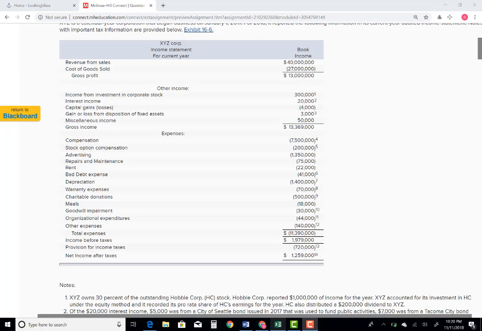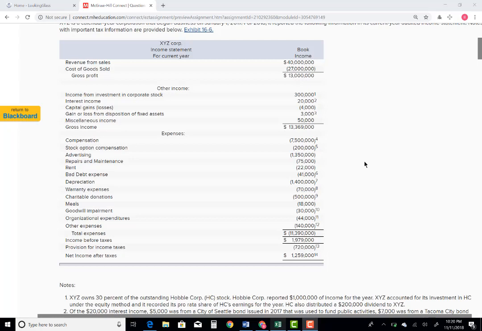So we have here a bunch of information about XYZ Corporation. Notice this is preliminary information. This is what we would see if we're looking at the company's financial statements, the income statement that's published for SEC publication purposes.